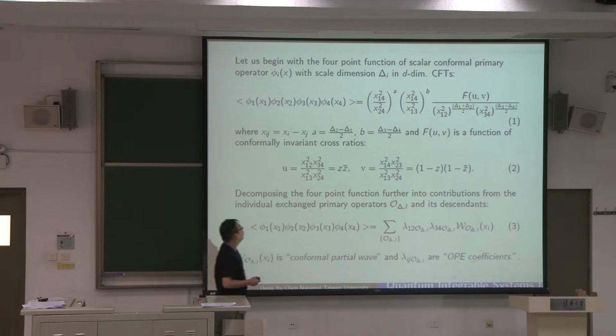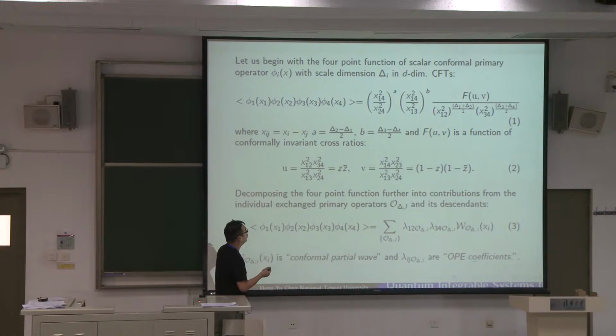Okay, so let me start by reviewing some general conformal field theory lore in D dimensions just to set the stage. We will mainly focus on the 4-point correlation functions. For simplicity, let's begin with all 4 fields being scalar primaries, so they are simply labeled by their scaling dimensions. As we know, using the conformal symmetry, we can fix them into the following general form, where the x_ij are the differences between the different space-time points where those fields are inserted, and A and B are the differences between their scaling dimensions.